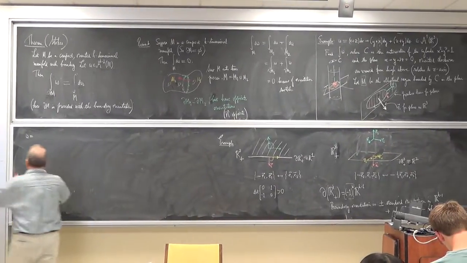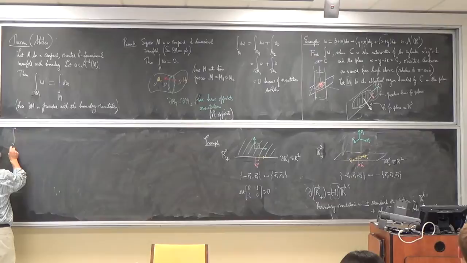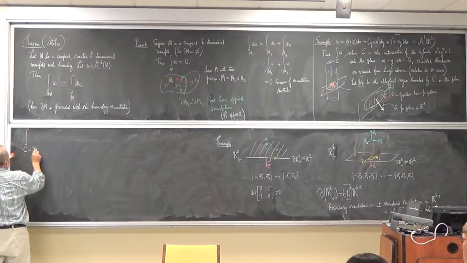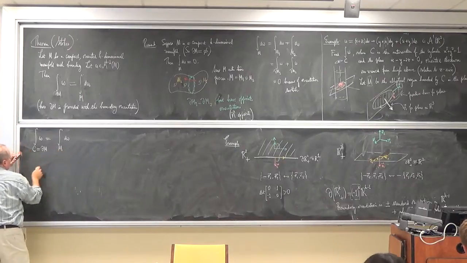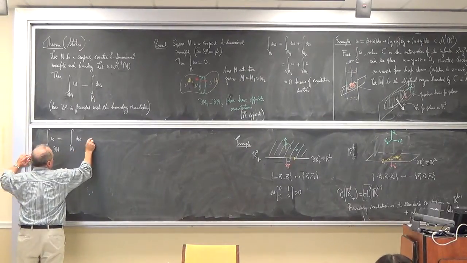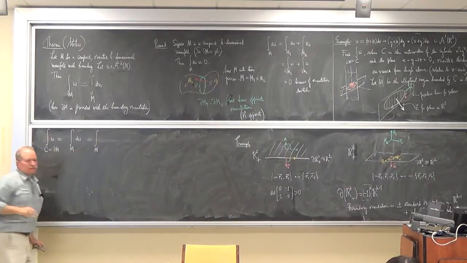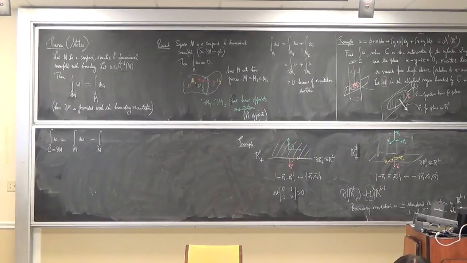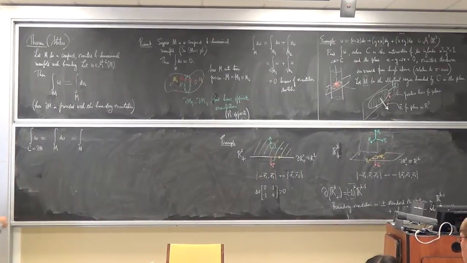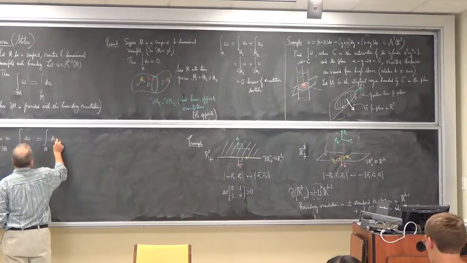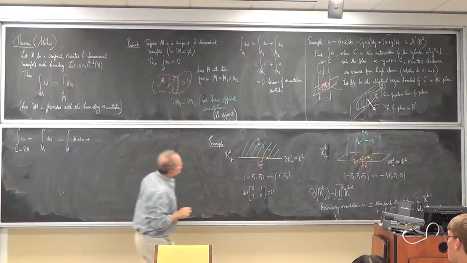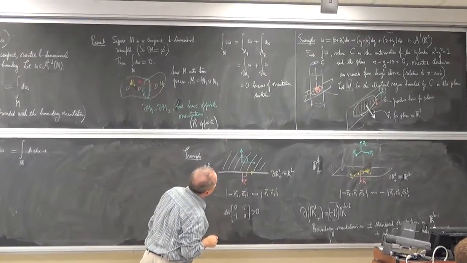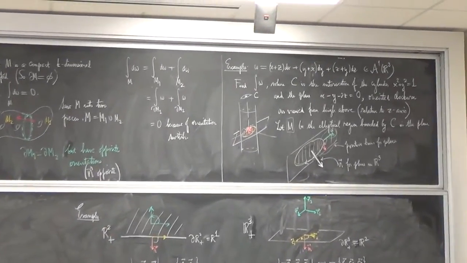So the integral of omega over C, which is the boundary of M, is supposed to be the integral of d omega over M. So what's d omega? One dz dx. Just one dx dy. Yeah, switch.